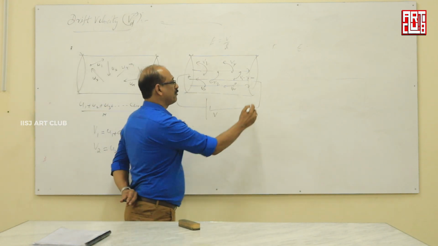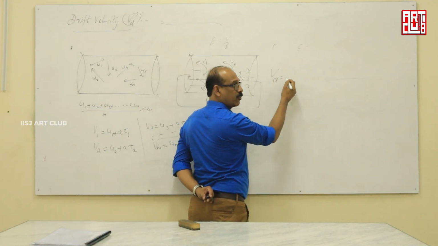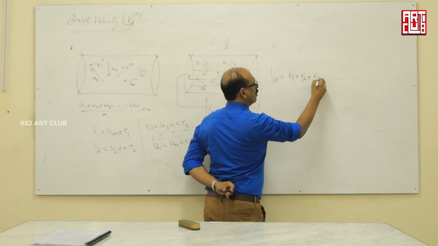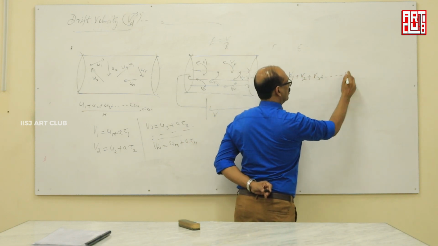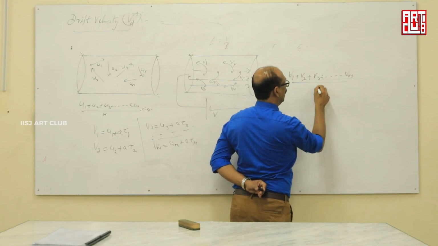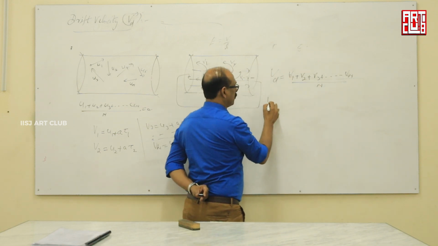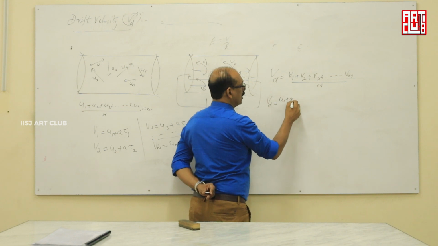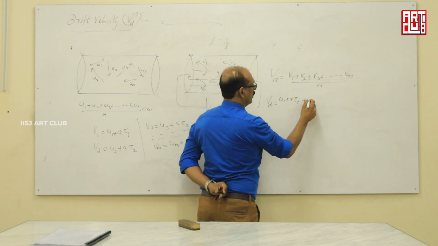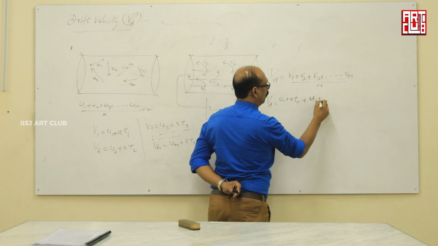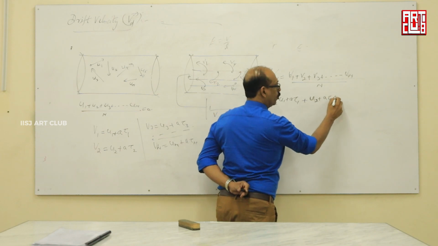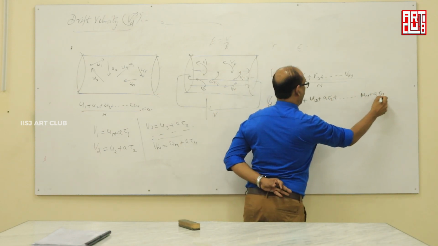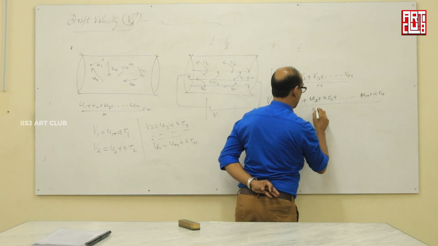Now the average drift velocity Vd is equal to what? V1 plus V2 plus V3 up to Vn, divided by n, right? If we substitute, what is V1? U1 plus A tau 1, then U2 plus A tau 2, up to Un plus A tau n, all divided by n.